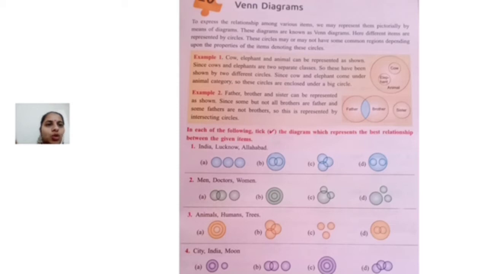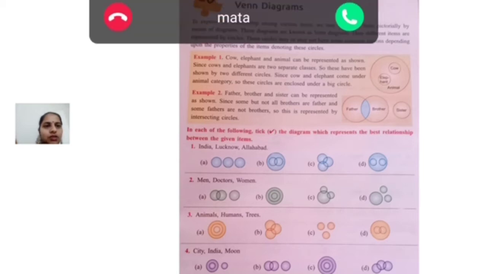Now example 2, we will see father, brother and sister can be represented as shown. Since some but not all brothers are fathers and some fathers are not brothers, this is represented by intersecting circles. Okay.